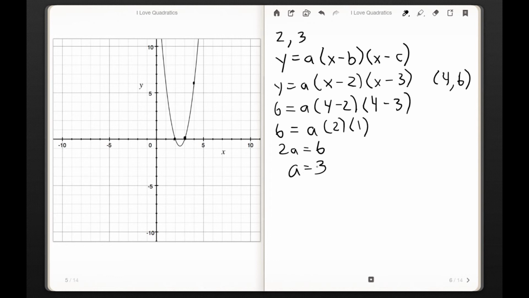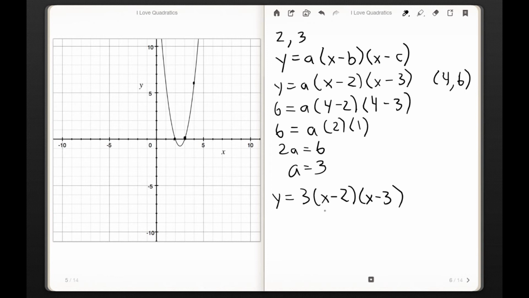Now that we know what a is equal to, we can put that back into this equation here. Remember, we want to be left with x and y just left as variables, so that way we could substitute points into the equation. And we're left with y equals 3 times the root terms, x minus 2, x minus 3.